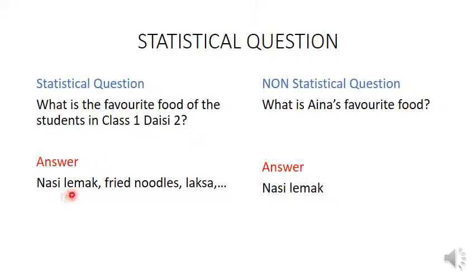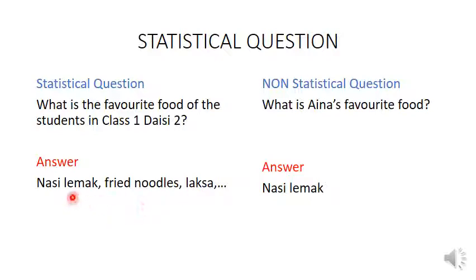For example, maybe the first student ticks nasi lemak as her favourite food. And then the second student, fried noodle, the third student, laksa. So you can get the answer for your question by doing a survey.